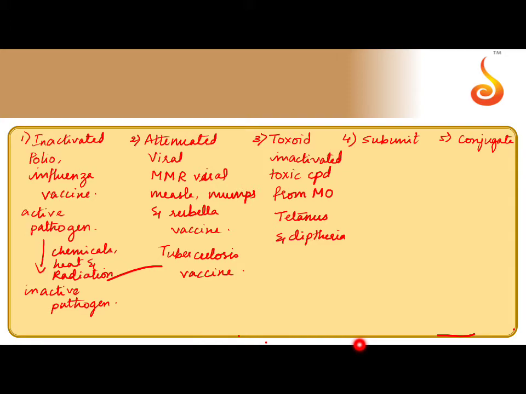Under subunit vaccine, we have two examples. One is human papilloma virus vaccine and influenza vaccine. Now, in this case, we are going to use the technique of recombination.